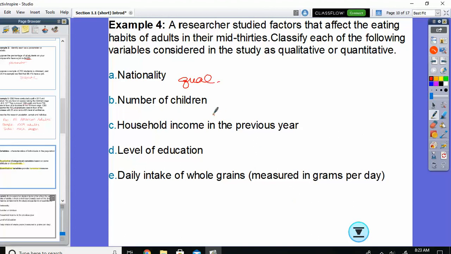Number of children. Household income the previous year. Quantitative. Level of education. Quantitative. Daily intake of whole grains measured in grams per day. Quantitative.